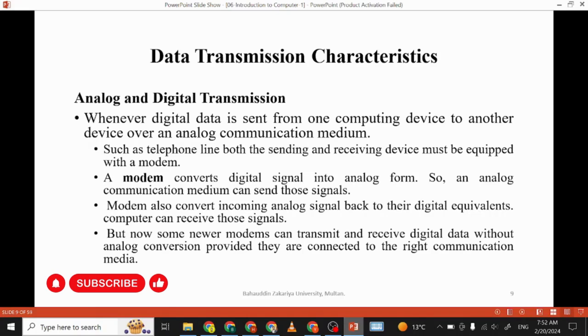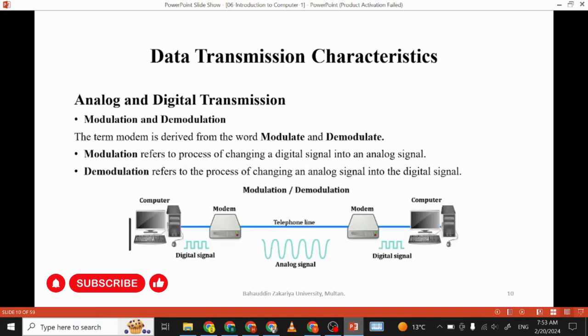A modem converts a digital signal into analog form, so an analog communication medium can carry the signals. A modem also converts incoming analog signals back to their digital equivalents so the computer can receive those signals. But now, some newer modems can transmit and receive digital data without analog conversion, provided they are connected to the right communication media.